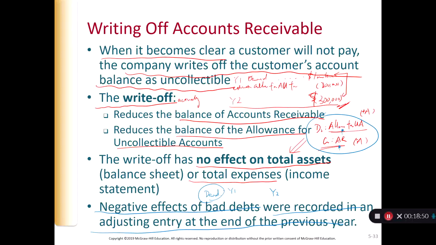Accountants are always conservative, always considering the cost when the thing happens, in year one. In year two, it's just taking care of the actual, which has nothing to do with any impact on net income at all. It doesn't even have any impact on the balance sheet.